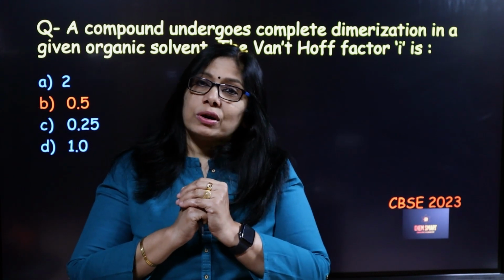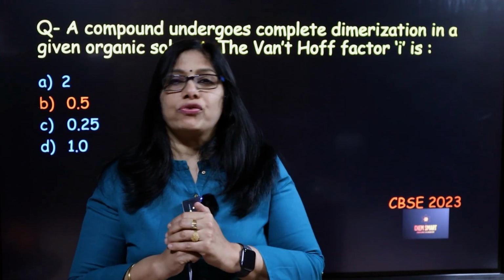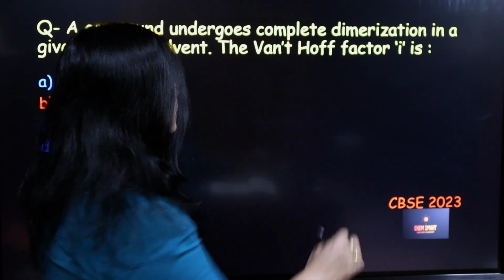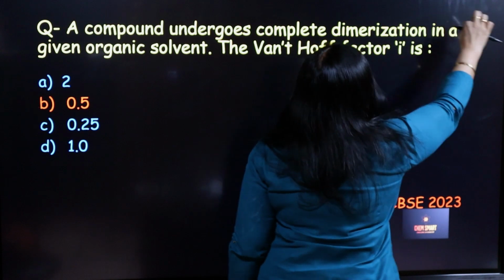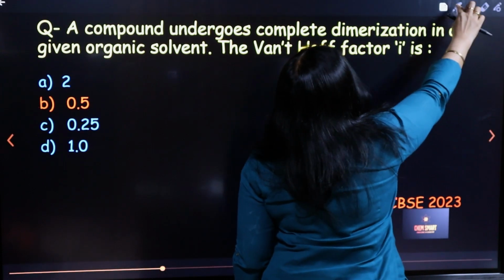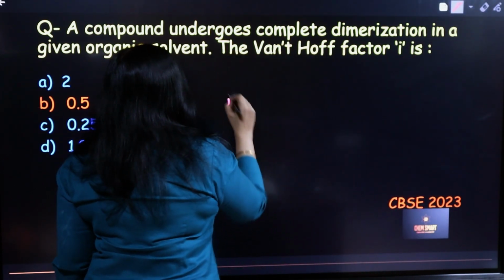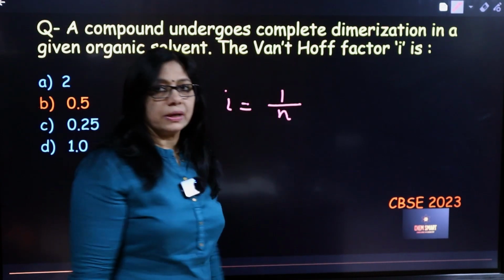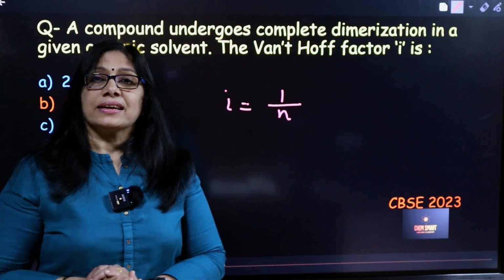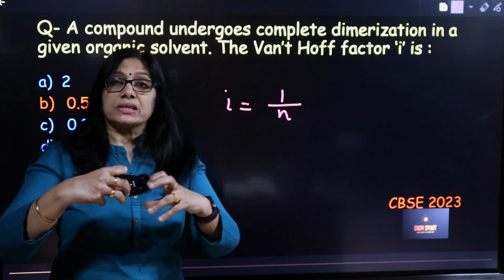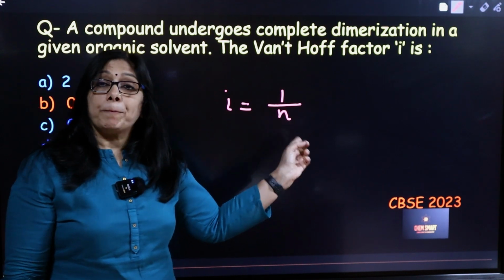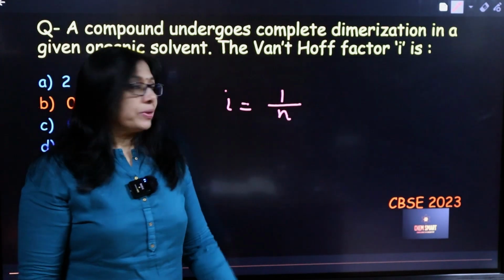Okay, so the Van't Hoff factor formula for association, that is, if it undergoes complete association, is i equals 1 by n, where n is how many particles undergo association. This is applicable only for complete association.